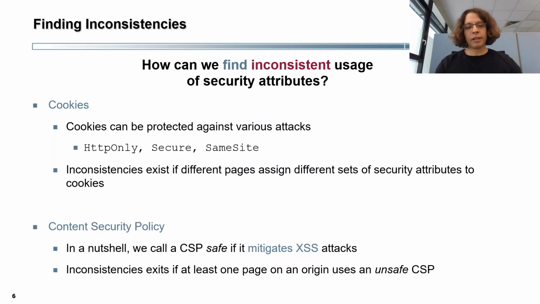And again, inconsistencies exist if at least one page on an origin uses an unsafe content security policy. For example, if we find one page that allows an XSS attack, by using the unsafe-inline keyword or by not using a content security policy at all, we say the entire origin is inconsistently protected.